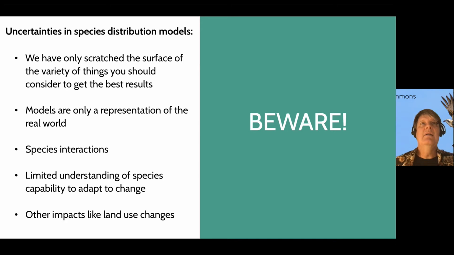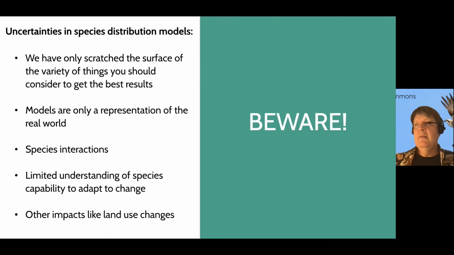We can't have 30 trials of raising the temperature of the Earth to see how a species distribution is affected, right? So there's limited capability to validate some of these kinds of models, but we do work through some of the things that can give you what's likely to be a more accurate prediction.